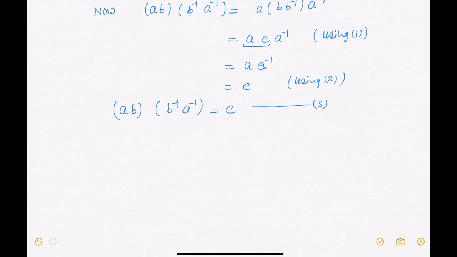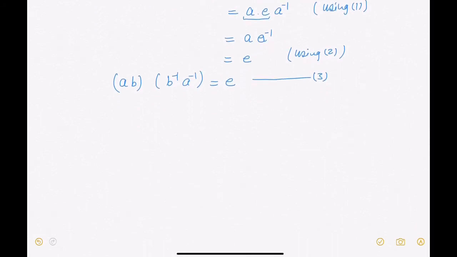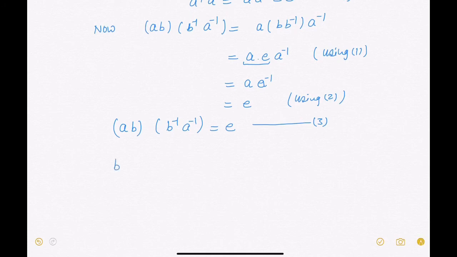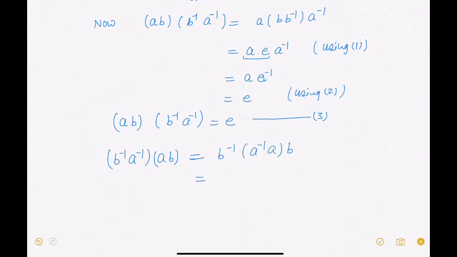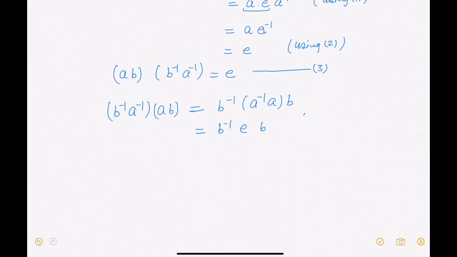Now again we take B inverse A inverse operated with AB. Changing the grouping, we get B inverse, A inverse A, B, and this gives us B inverse, identity element, B, using 2.